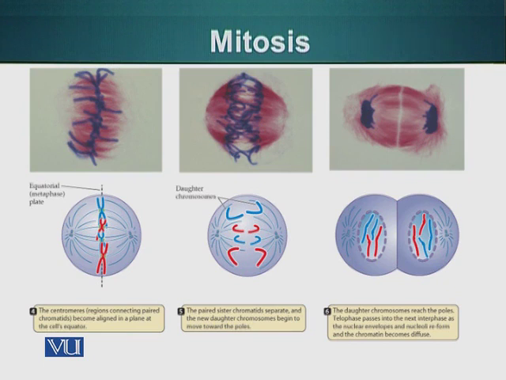Now in telophase, the nuclear envelope starts to reform, and chromosomes start to decondense and get ready for the next phase, which is cytokinesis. Now we have two nuclei in the same cell having exactly identical chromosomes, and the next event is the splitting of one cell into two cells.